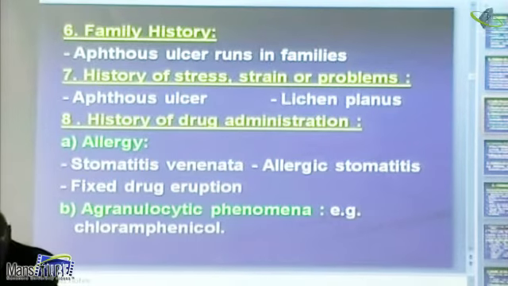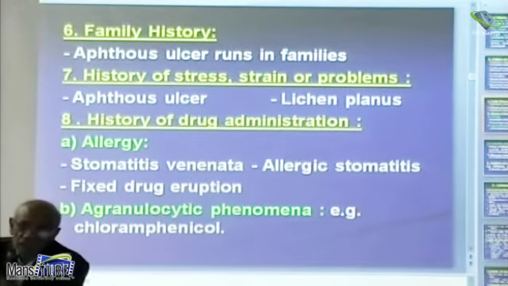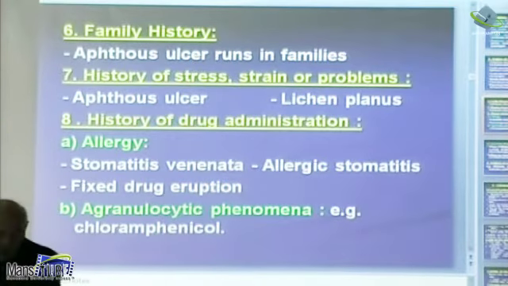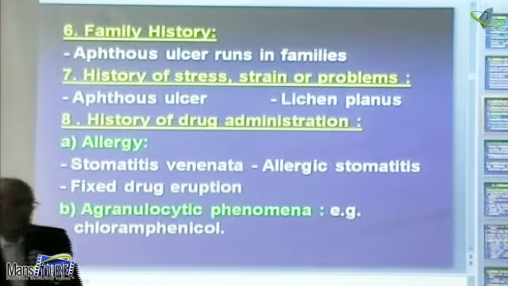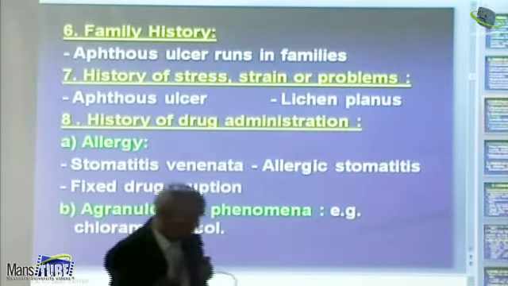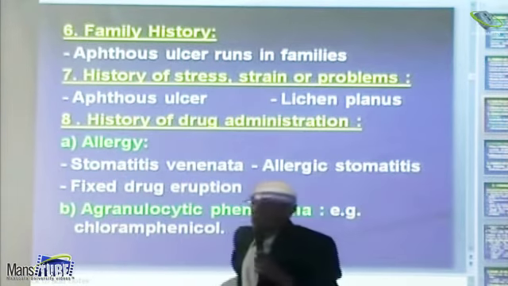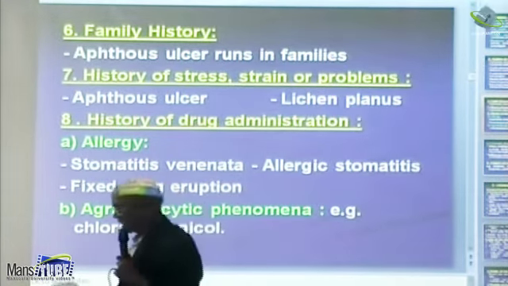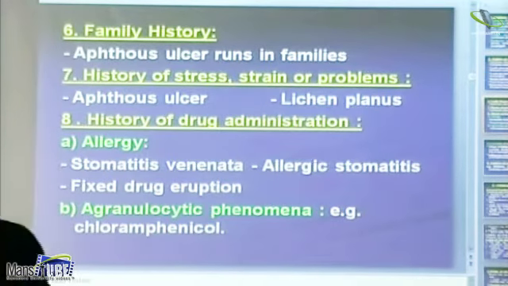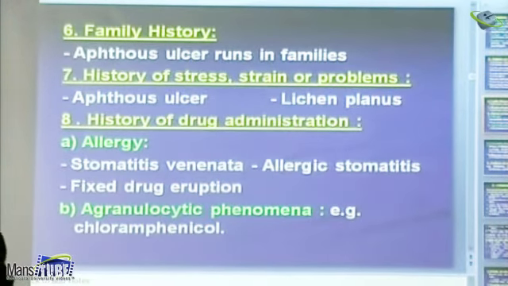Family history. Sometimes aphthous ulcer runs in families. More than one member of the same family suffers from recurrent ulcers. History of stress and strain or problems. But my complaints, especially because it's my area of interest, I have completed almost and am still doing many researches. The last one was today, we're trying to treat it by light cure.